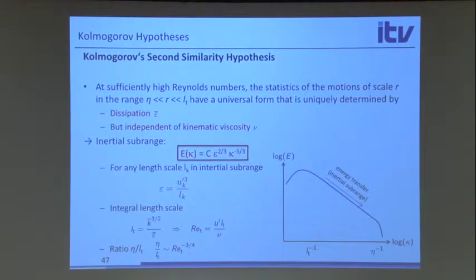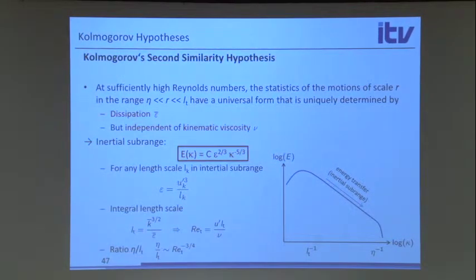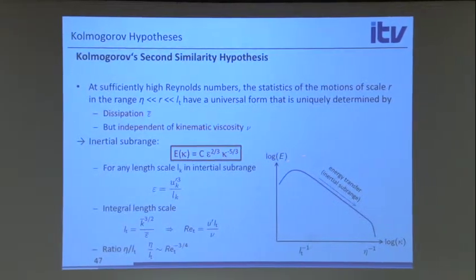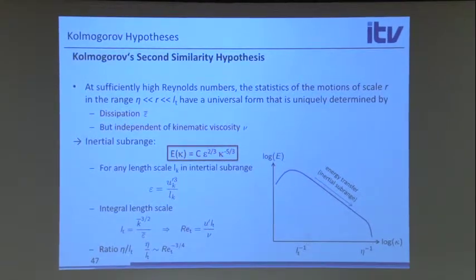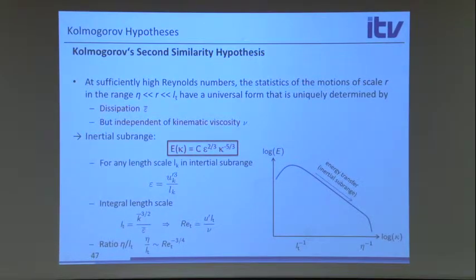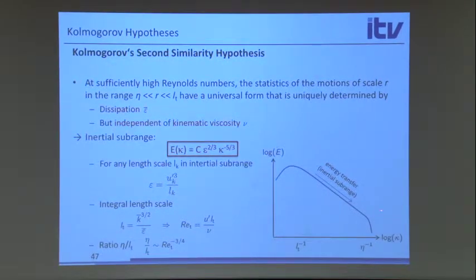But let's assume a steady state case for a minute. The energy is produced here at the large scale at a certain rate, which means the production at the large scale, the transfer rate of energy from large to small scale, and the dissipation rate, they must all be the same if we assume a steady state. So really, we should look at the epsilon here as the energy transfer rate from large to small scales.